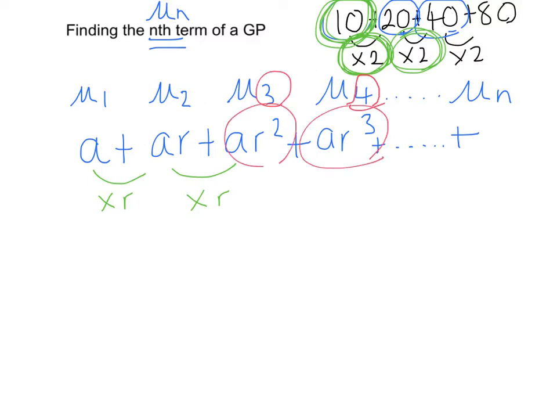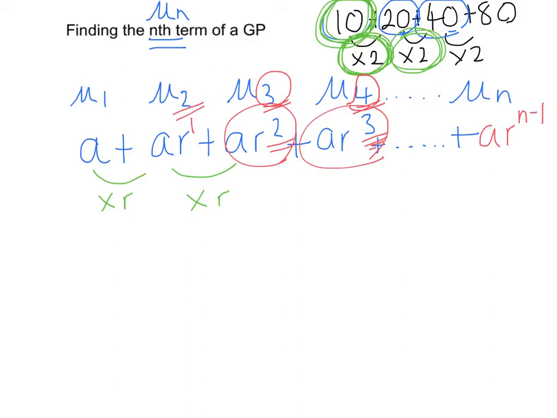U3 is AR squared. And I'm hoping you're spotting that Un is AR, and it's one less power. Can you see that? So U3 is AR squared, U4 is AR cubed, U2 is AR to the 1. So it's AR to the n minus 1.